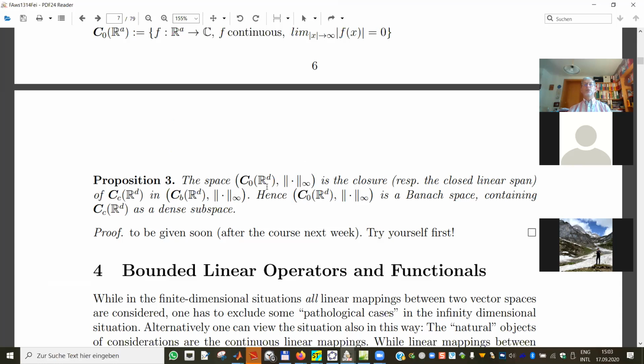And we can show that every function which is vanishing at infinity can be approximated by compactly supported functions. So C0 can be viewed as the closure of these compactly supported functions inside the space of bounded continuous functions.